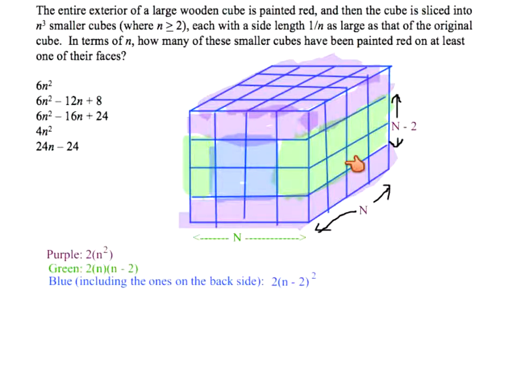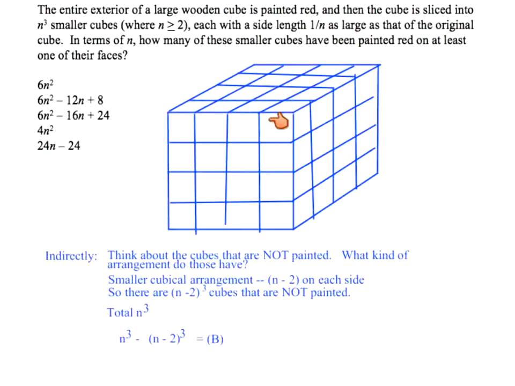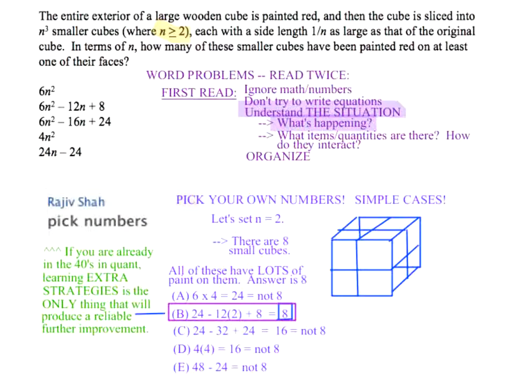Compared to having to carefully enumerate things in a picture, or compared to having to actually visualize the interior of this stack of cubes, this is a cakewalk. So if you don't have things like picking numbers on your radar, then you are at an extremely severe disadvantage compared to people who do. Just make sure you know that that's a thing.